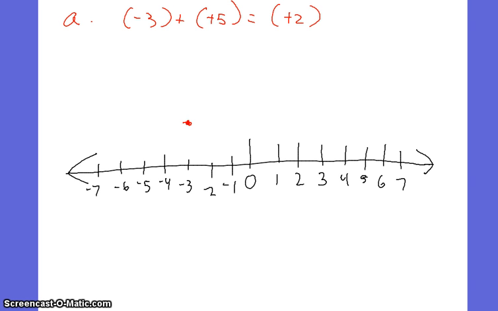So we start with -3, and we want to indicate where things go with this. If I add 5 to my number, then I'm going to go 5 over. So -2, -1, 0, 1, 2, and that ends up at 2.